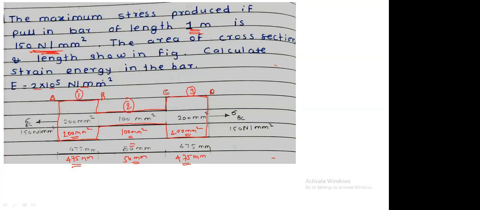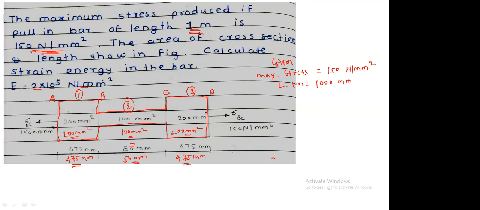So before that, let me write all the given data. Maximum stress is equal to 150 Newton per mm square. Then total length 1 meter is equal to 1000 mm.